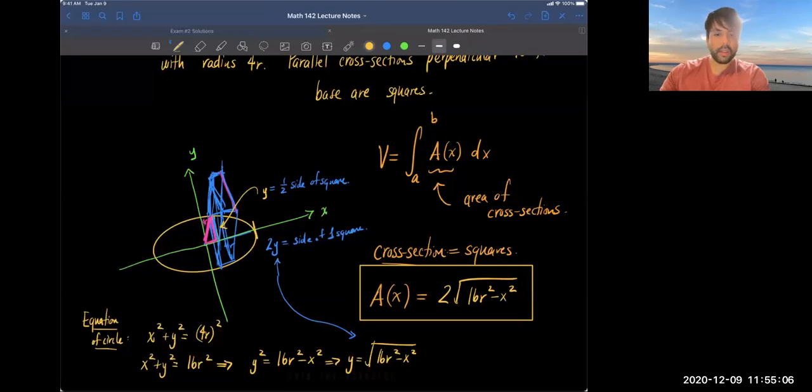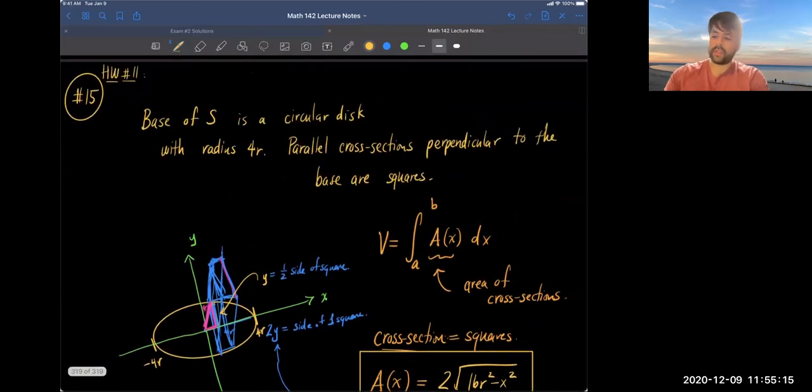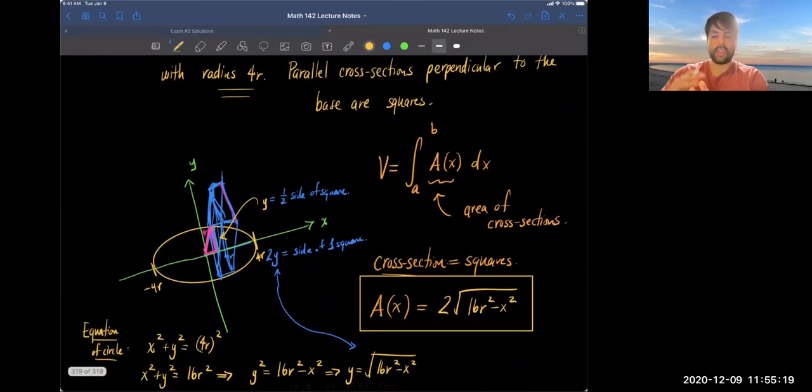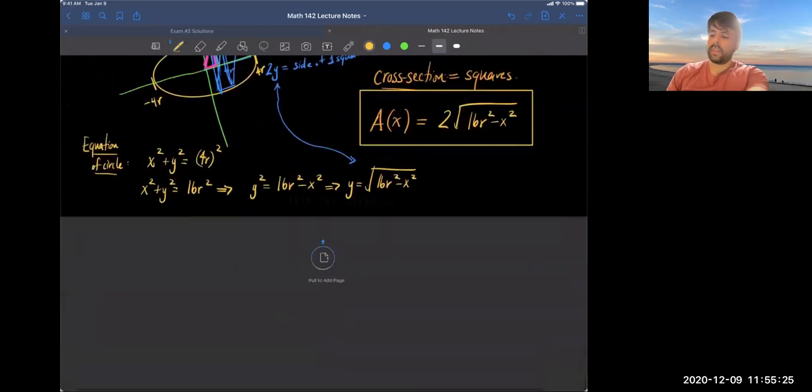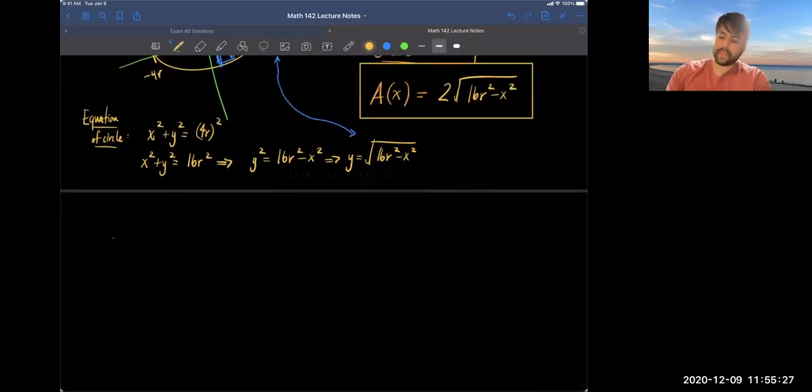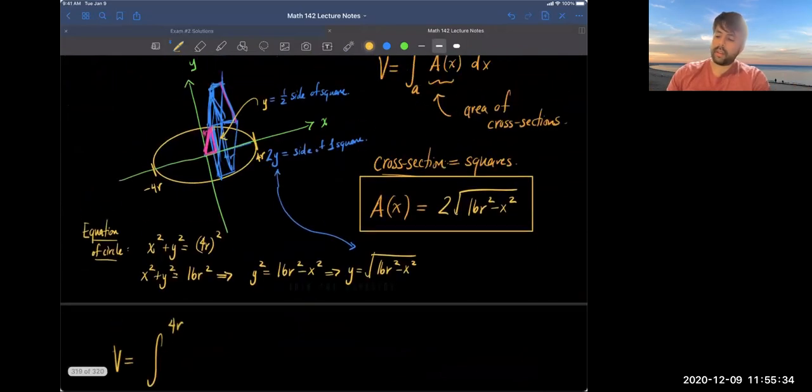One is going to be 4r and the other one is going to be negative 4r, because that's exactly what the radius is. The radius of my circular disc is 4r. So I go as far as 4r to the right and as far as negative 4r to the left. So what's going to be my integral? My volume is going to be the integral from negative 4r to positive 4r of what?